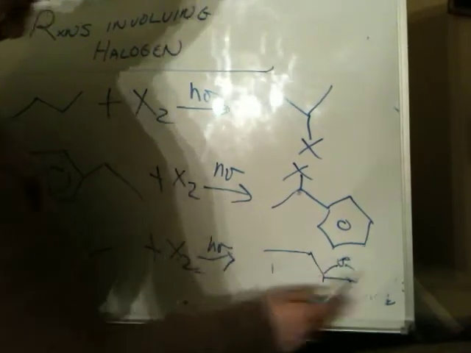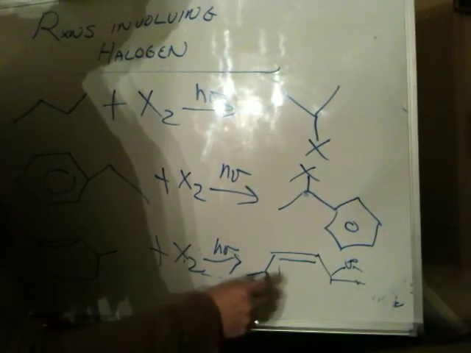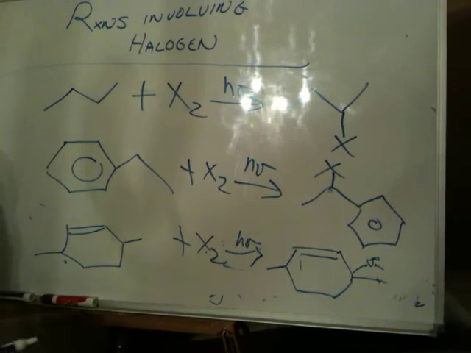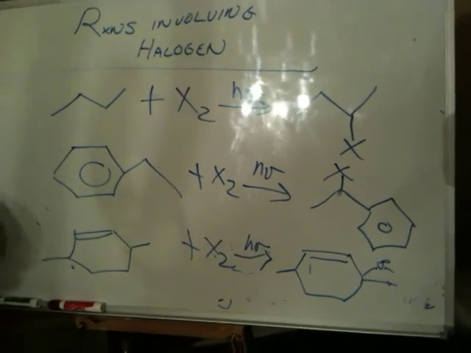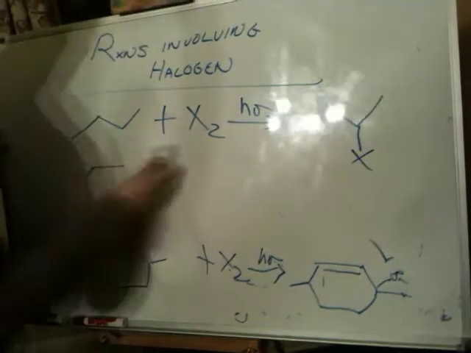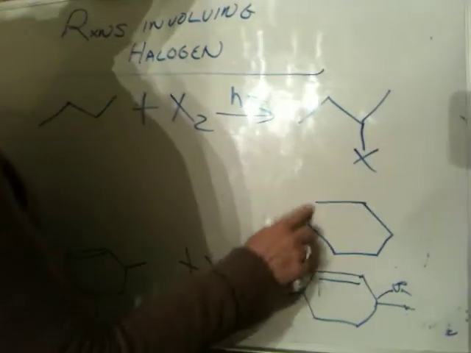So your products would look like this, and you really wouldn't differentiate between the products in terms of yield, although they would not be formed in equal yield. So you would obtain that product and this, which would come from the other resonance form. This is what we've been talking about in class.